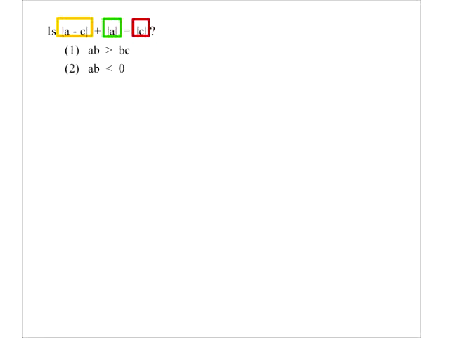If we have the two statements together, what we can do is combine them to make BC is less than AB, which is less than 0. So we can divide all of this by B. We still have to worry about the same sign issues that we had before.